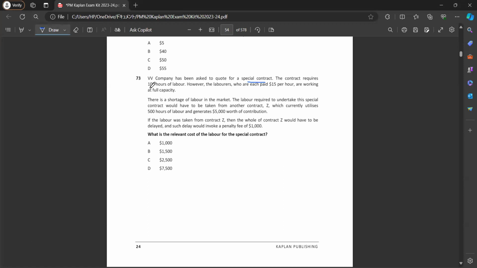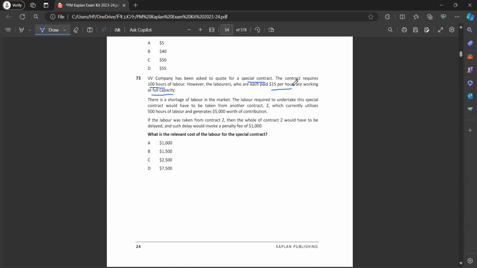The contract requires 100 hours of labor. However, the laborers paid at $15 per hour are working at full capacity. This is the key point. See, though the contract requires 100 hours of labor, labor are paid at $15 per hour, and right now additional labor is not available because all of them are employed at full capacity.